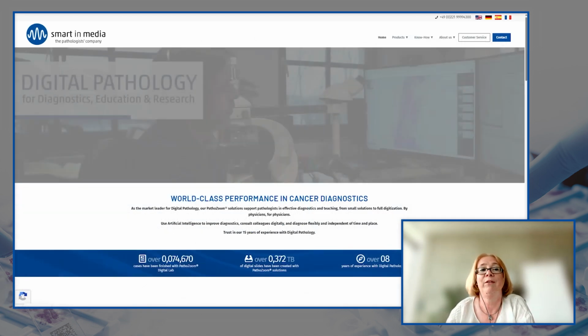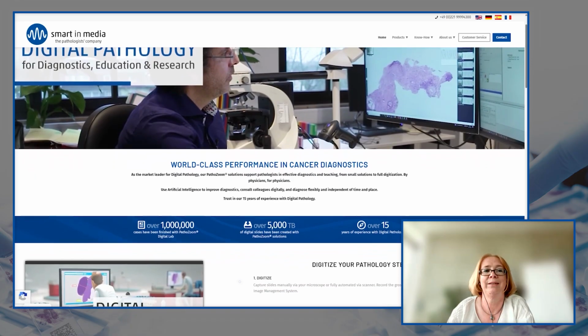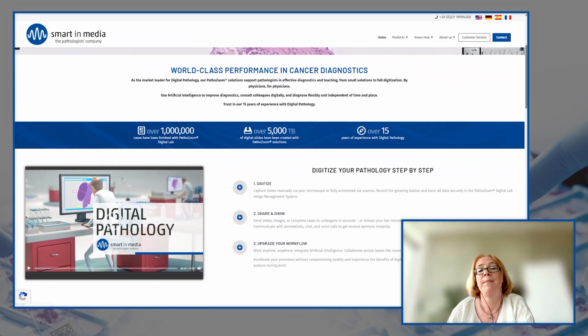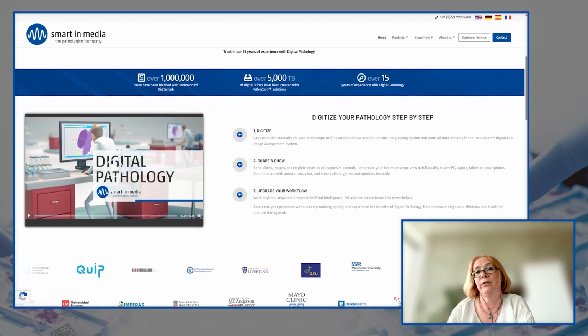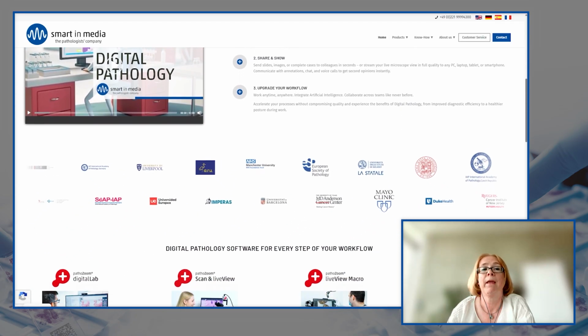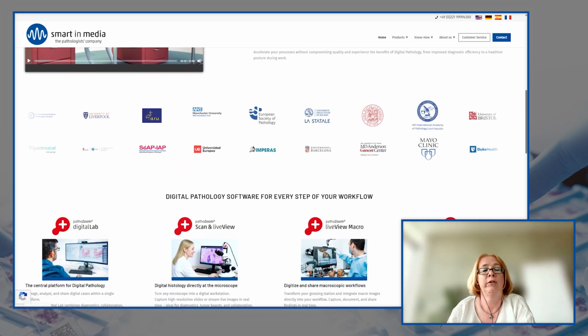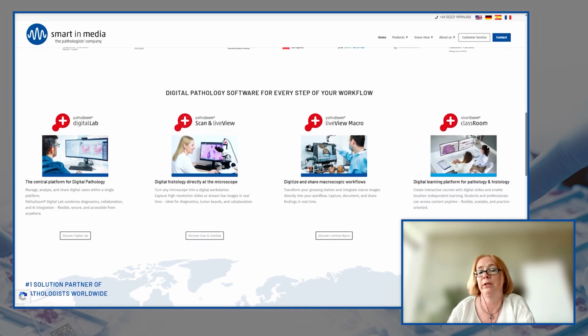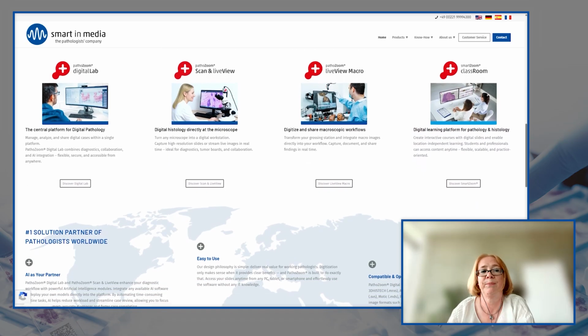For those who may not yet know us, Smart Media is a provider of digital pathology solutions, including a diagnostic platform with an open image management system. All our solutions are designed to support and connect scalable digital workflows.